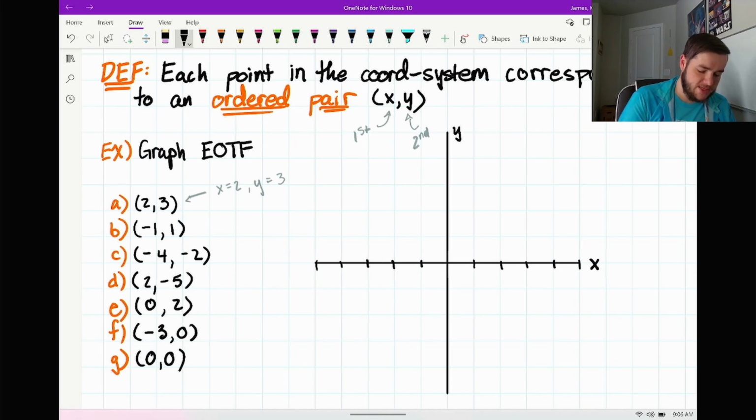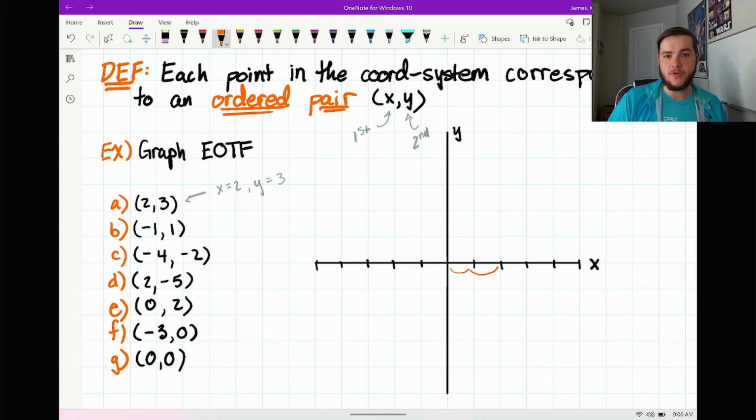Treat each of the x and y axis as their own number line. So, again, the origin is 0. Moving to the right are our positive numbers, and moving to the left are our negative numbers. So, I'm going to move 1, 2 points to the right.